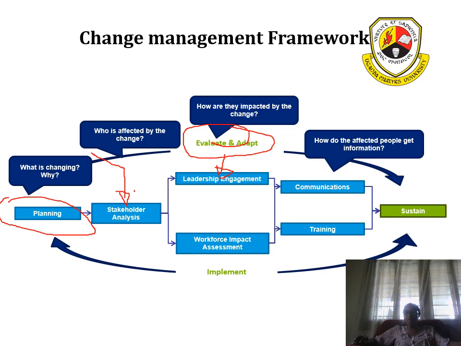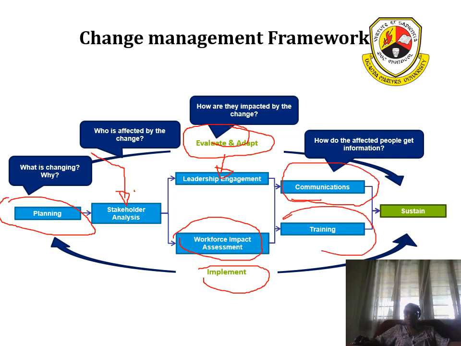Who's going to take leadership, and the impact on the workforce. So when we analyze that, we then implement. We begin to communicate to the different people who are affected. We carry out training, and at the end we have sustained change.